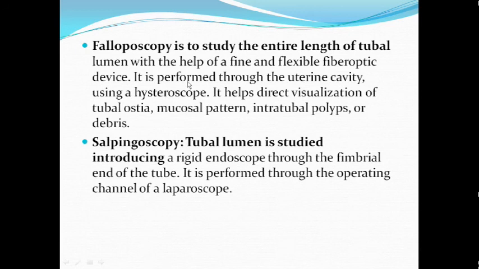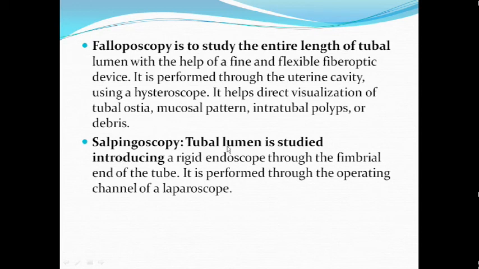During hysteroscopy you can use the flexible fiber optic device and you can see the entire length of the tube lumen. This helps in direct visualization of tubal ostia, mucosal pattern, intratubal polyps or debris. So falloscopy is by flexible fiber optic device. During hysteroscopy you can see different abnormalities of the tube.